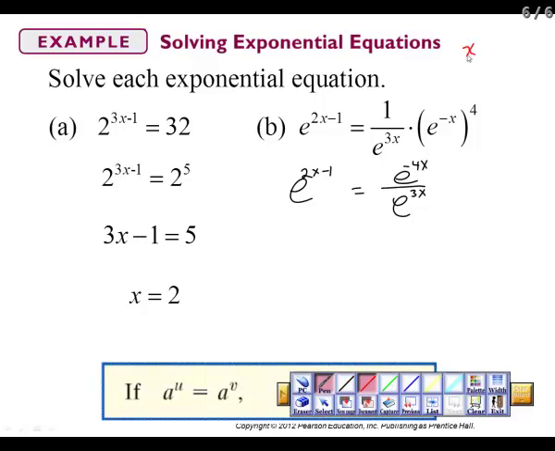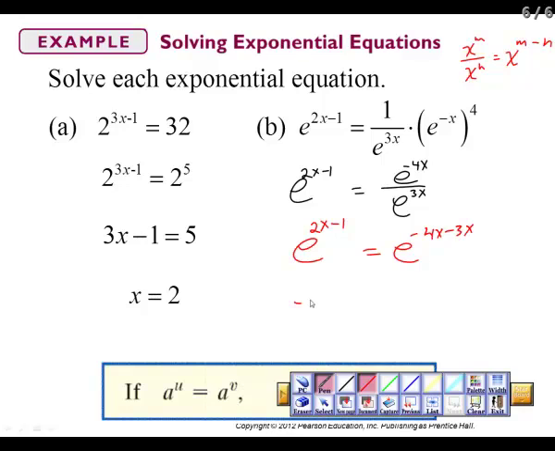when we have x to the m over x to the n, we're subtracting exponents. M, first exponent, minus second exponent. And so that's what we're doing here. This will be e to the 2x minus 1 equals e to the negative 4x, first exponent, minus second exponent.